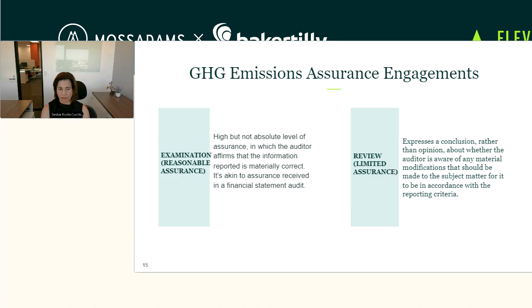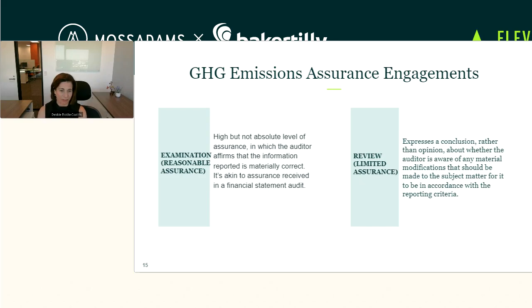Many companies will put inventory management plans in place, so you can think about that as a policy document around your greenhouse gas emissions, which lays out what emissions do we have, where are they coming from, what's my calculation approach, who's involved in that calculation, and pulling that document together. We highly recommend it, because then you've got that available for yourselves for the future, so you can keep track of what you've done, but also to provide to your assurance provider to lay out, this is what we've gone through.